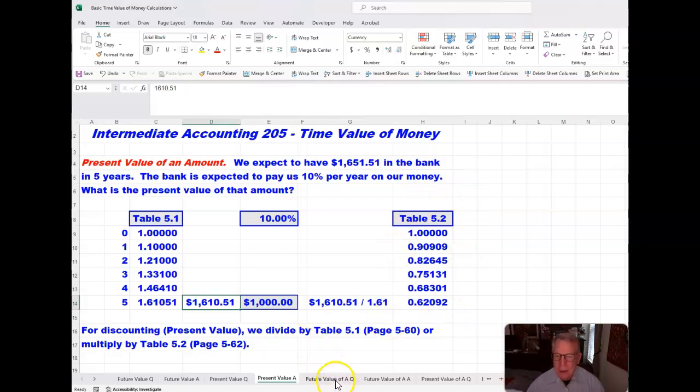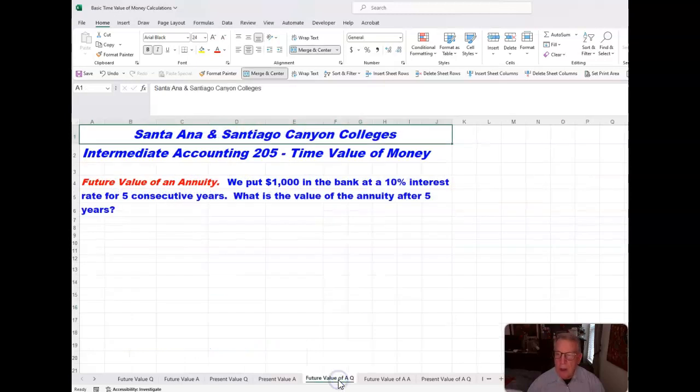Okay. Now, we also have another concept called the future value of an annuity. If I look at the future value of an annuity, here would be an example. We put $1,000 per year in the bank at a 10% rate for 5 consecutive years.